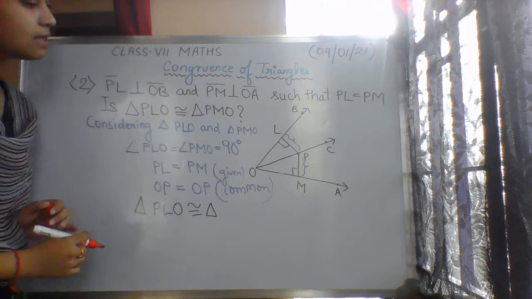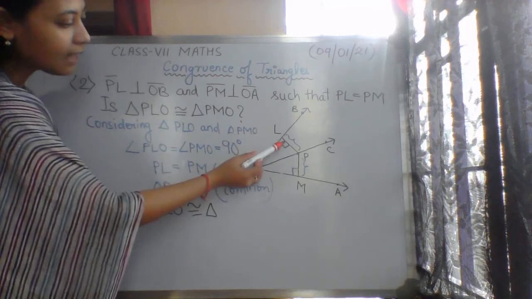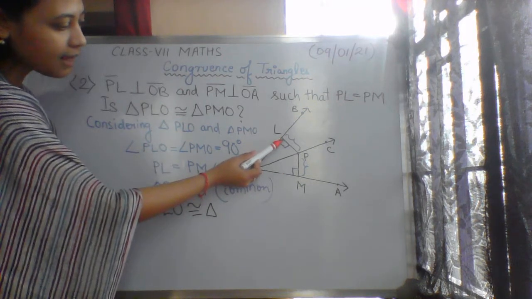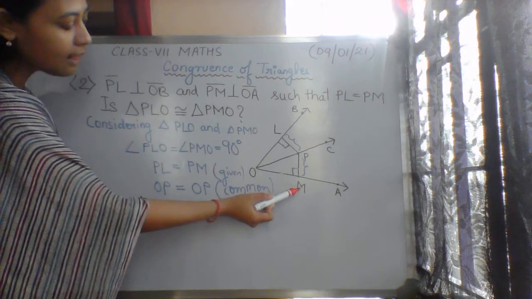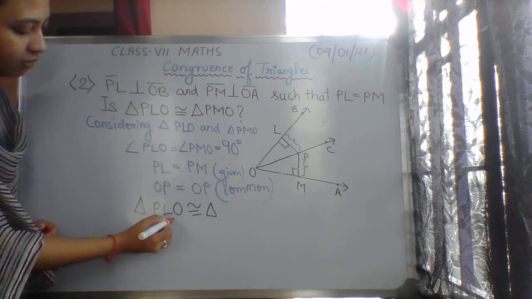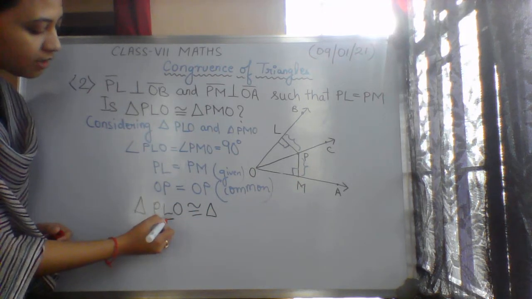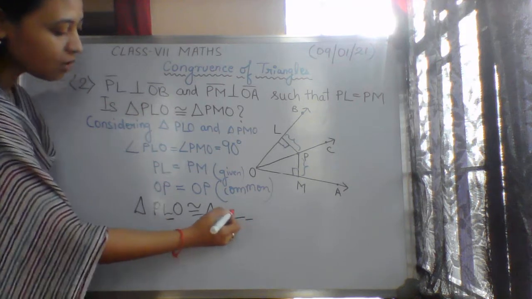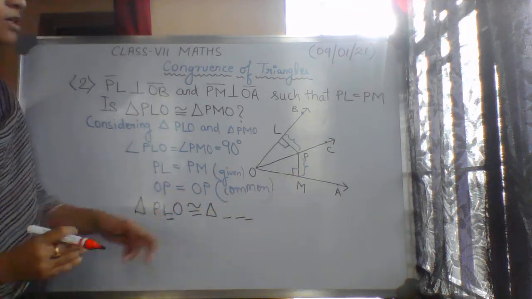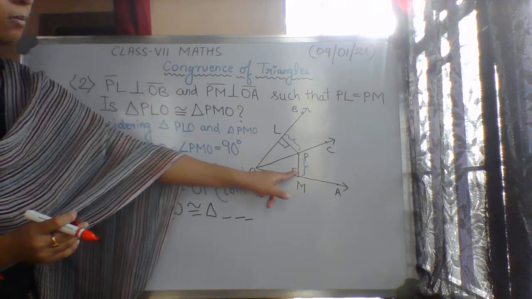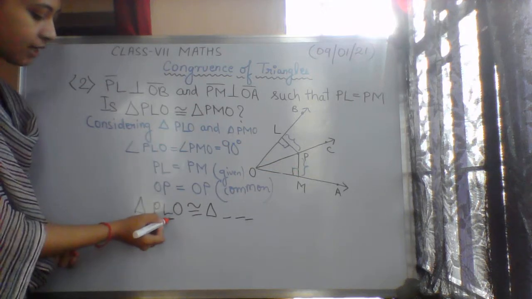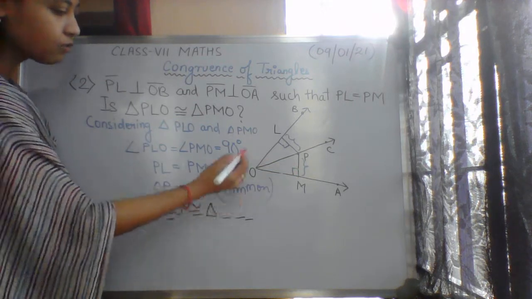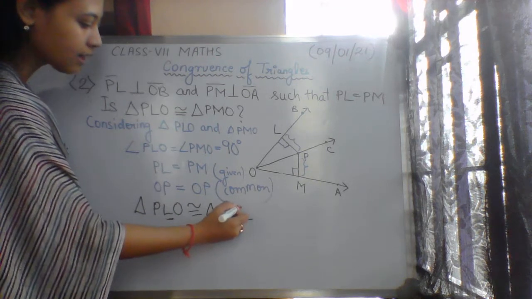You can easily see that angle L of this triangle corresponds to angle M of that triangle. Wherever you have written L in the second position, I have to write M, because angle L equals angle M.